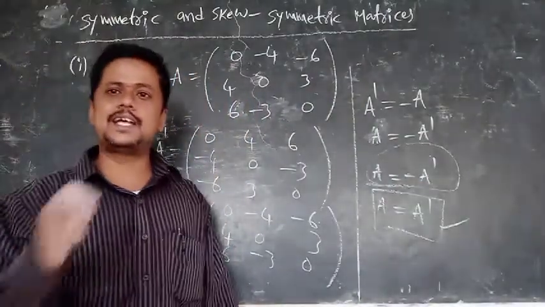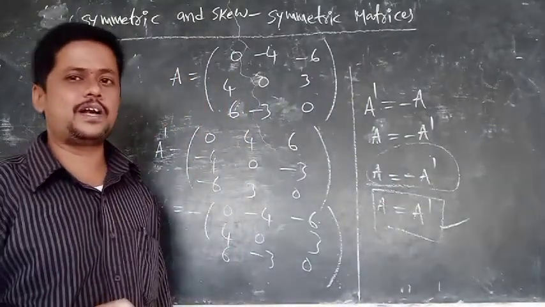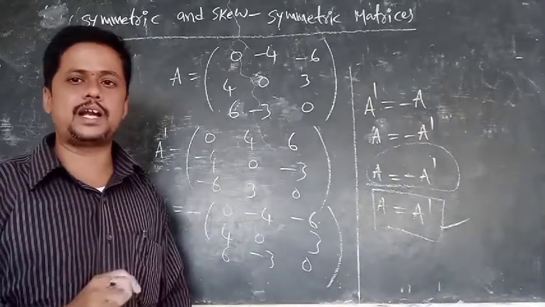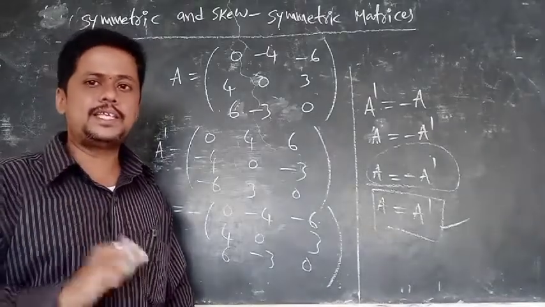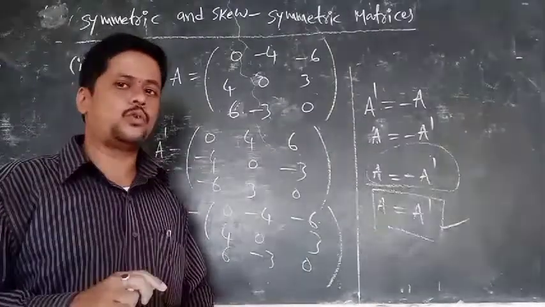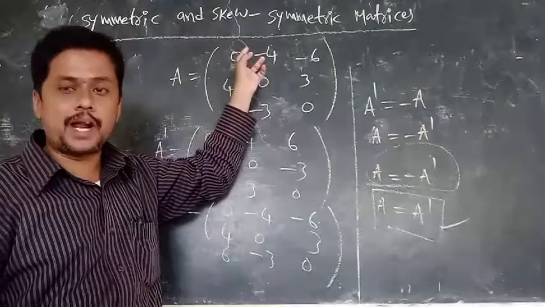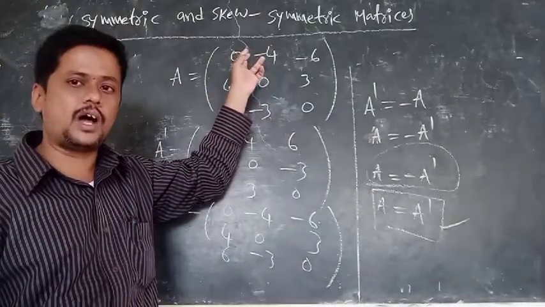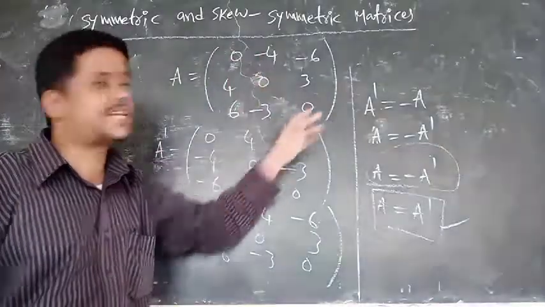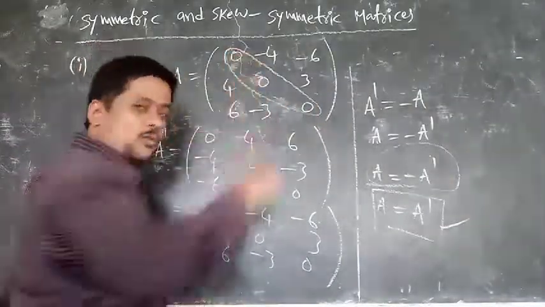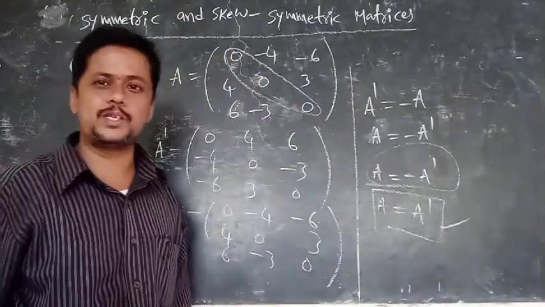What is the easy way of identifying whether a matrix is skew symmetric? I will tell one easy technique. In a skew symmetric matrix, the first condition is that the principal diagonal elements should be 0.